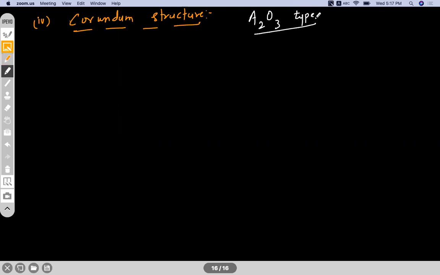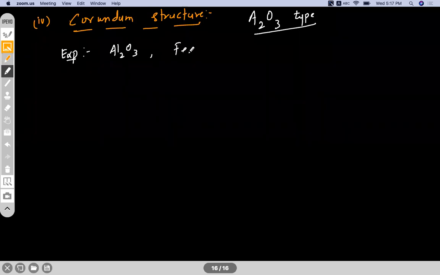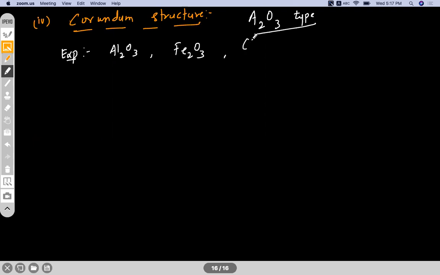Very common one, you know, it is Al2O3. Example you see, we have Al2O3. We have another example, Fe2O3, the oxides of iron you see. The previous one is Fe3O4, another oxide of iron, which has inverse spinel structure, but this one has corundum structure. Okay, Cr2O3 also has corundum structure. Okay, write down.